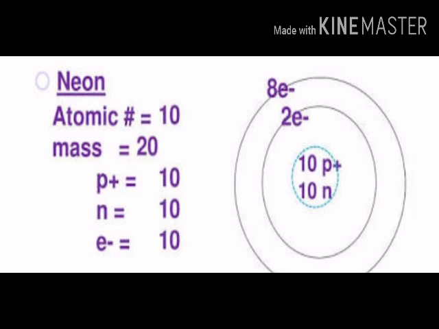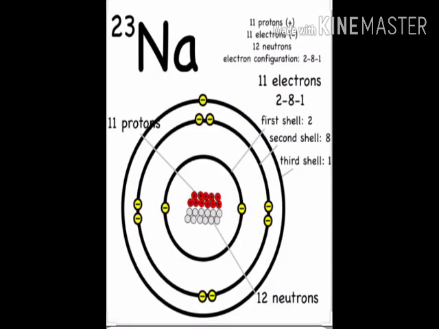Neon has atomic number 10, so it has 10 protons and 10 neutrons, 2 electrons in the K shell, and 8 in the outermost shell. Sodium, its atomic number 11, so it has 11 protons, 11 electrons, whereas it has 12 neutrons in the nucleus.